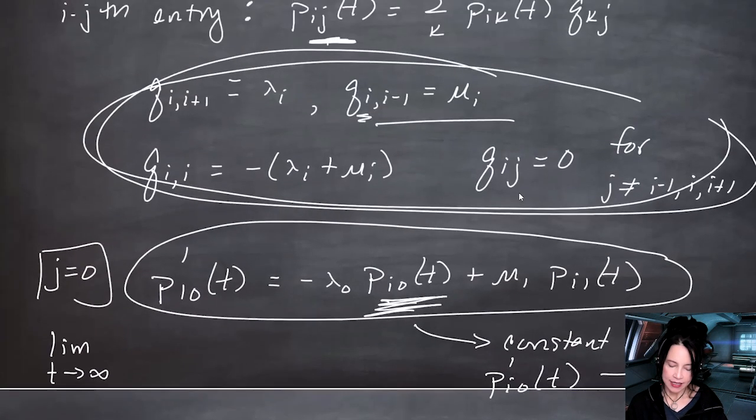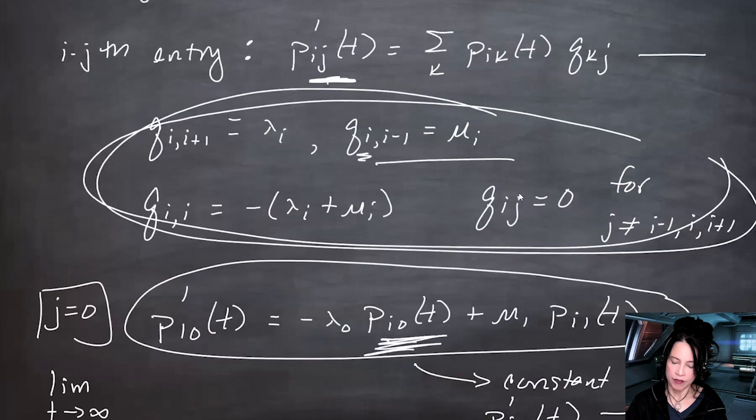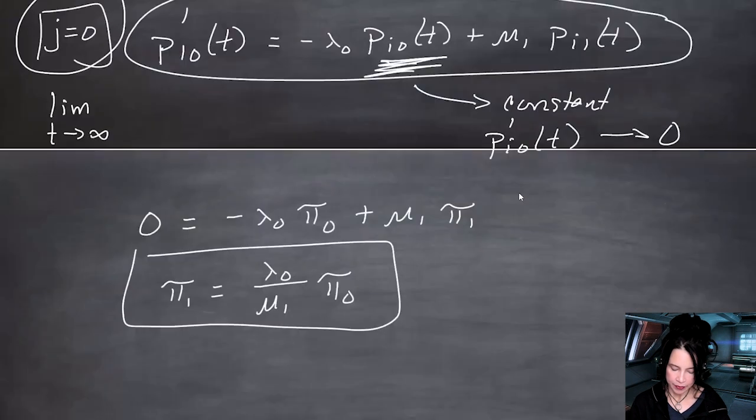Yeah, so let's look at this Kolmogorov forward equation in the case where j is greater than or equal to 1.